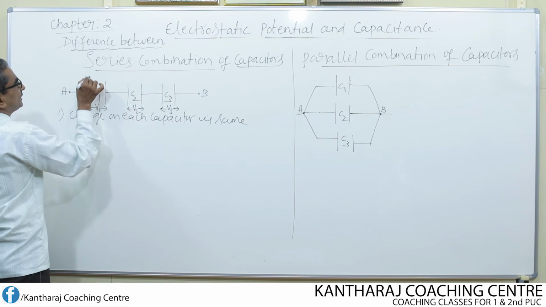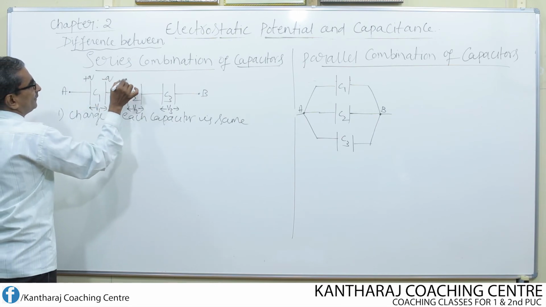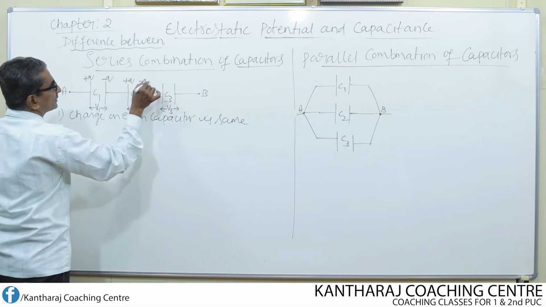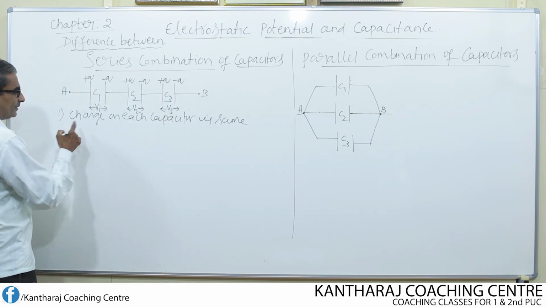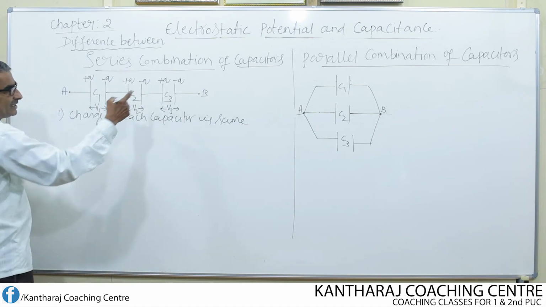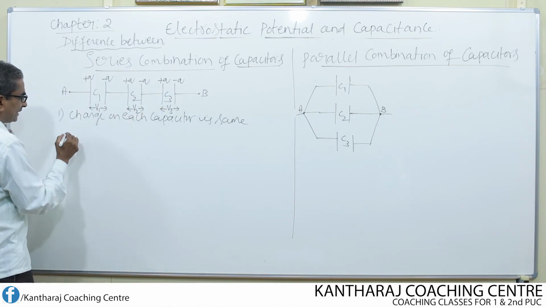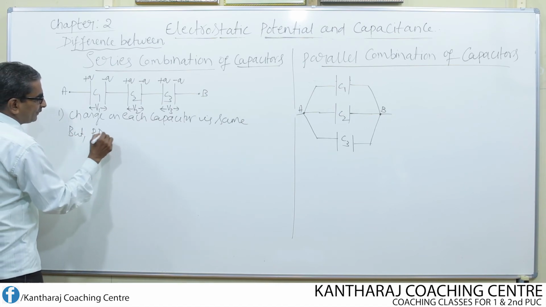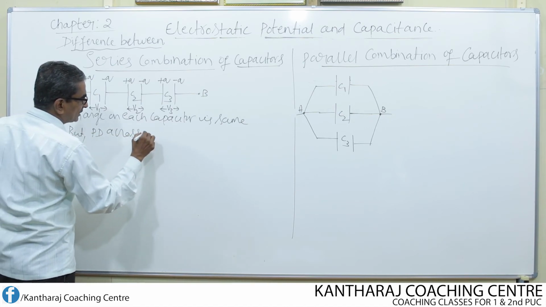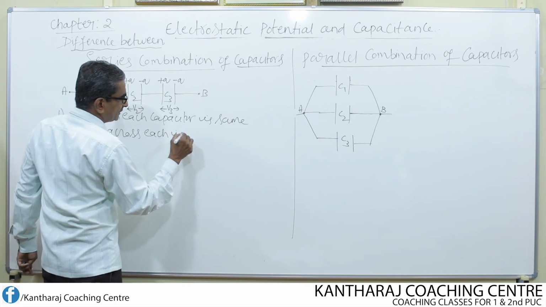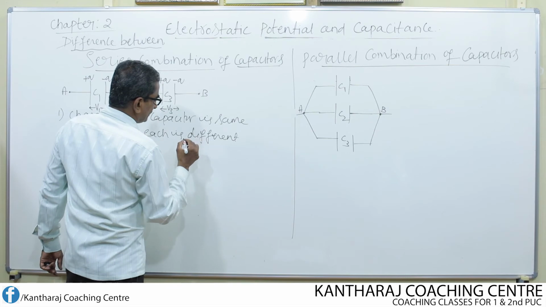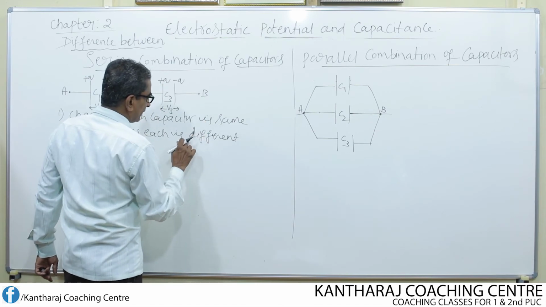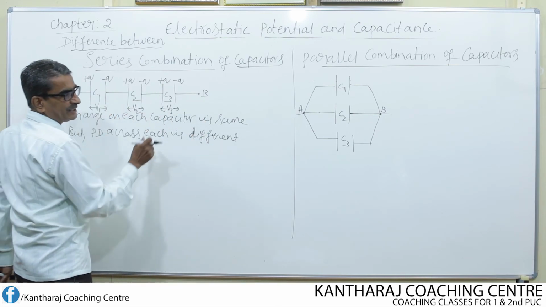Charge on the plates is plus Q, minus Q, plus Q, minus Q, plus Q, minus Q. So here charge remains the same on each capacitor, but the potential difference across each is different. Look here, it varies: V1, V2, V3.